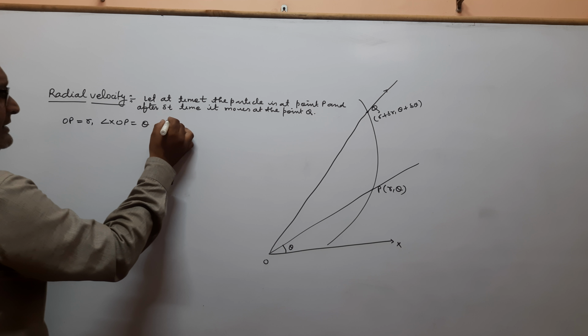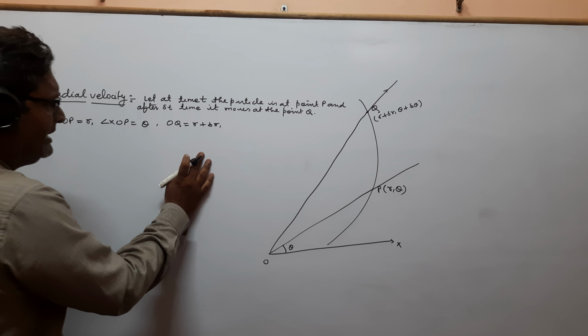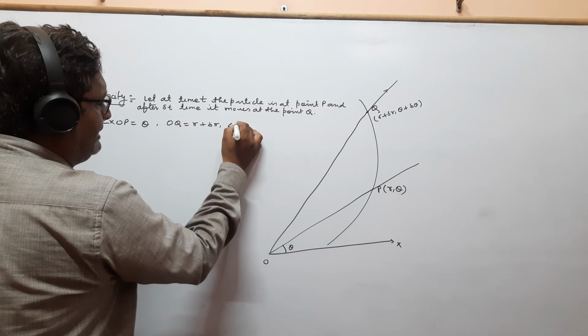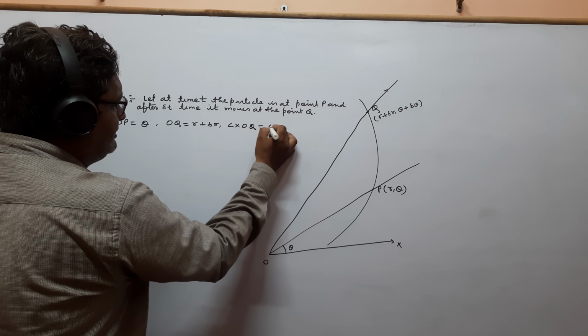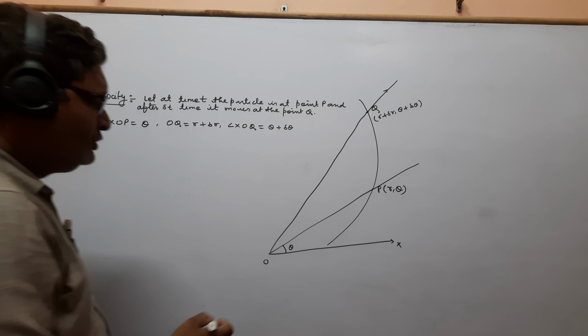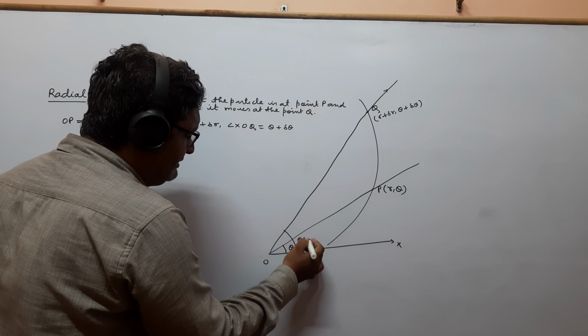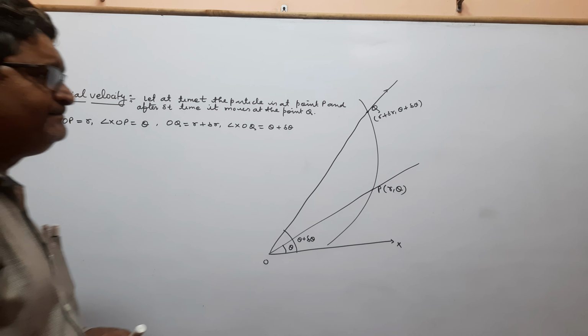So the radius vector OQ is equal to r plus del r, and angle XOQ is equal to theta plus del theta.